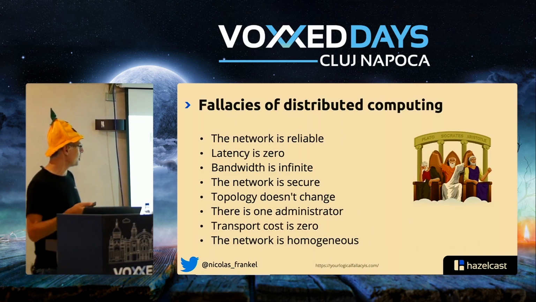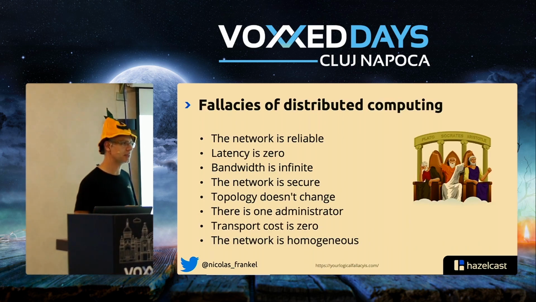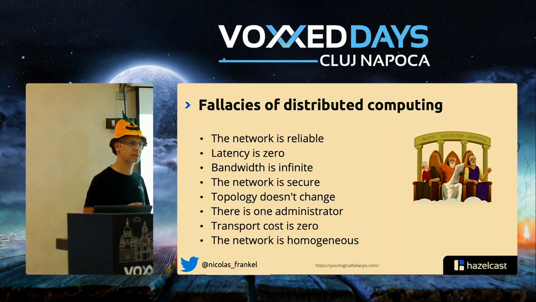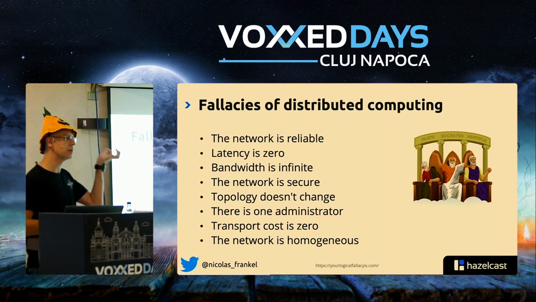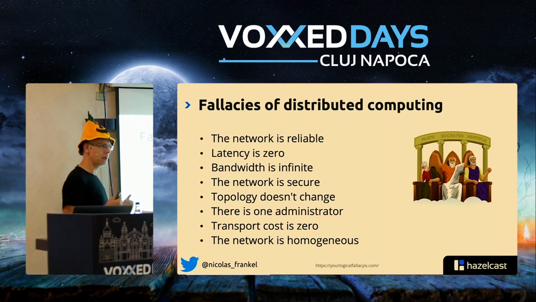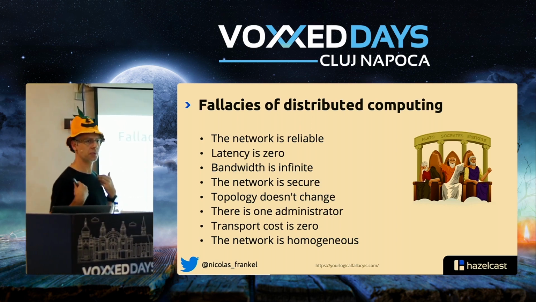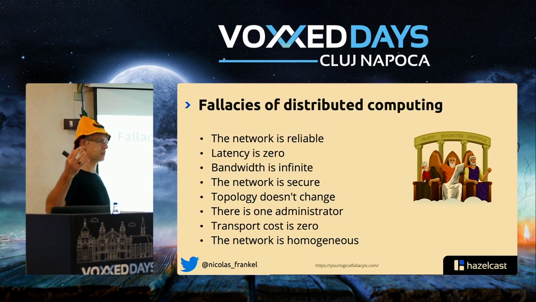You might know about the fallacies of distributed computing. Does anybody of you know about that? That should be printed out in your office, everywhere, because these are all the assumptions that people, including me, make when we do distributed computing.